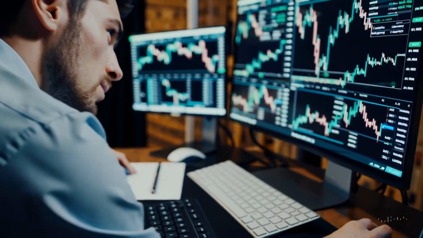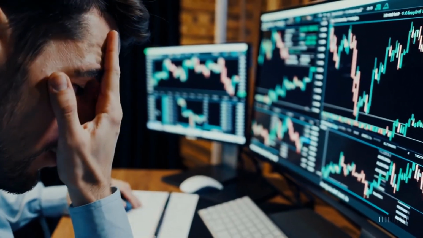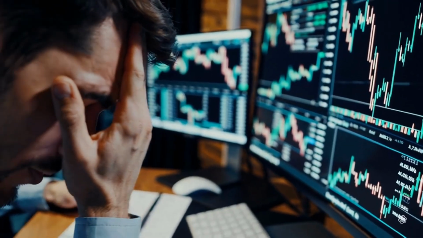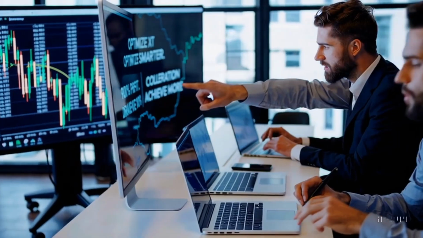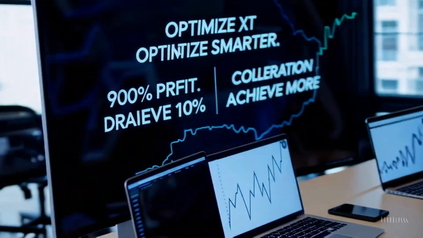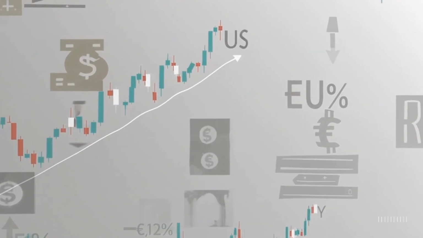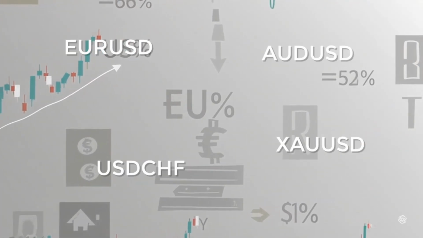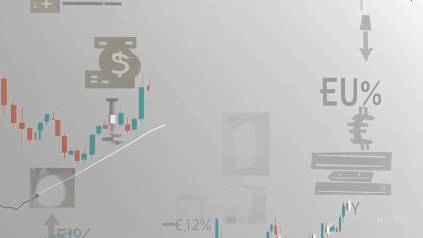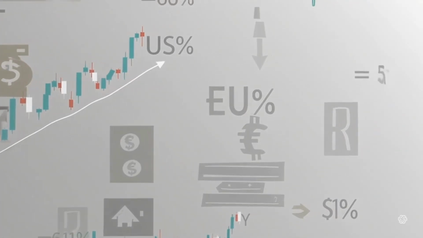Now, let's talk about one of the biggest challenges in trading: adapting to changing market conditions. That's why we've conducted extensive optimizations for this EA. Here's how it works. We tested the EA across multiple currency pairs and timeframes to identify the best performing settings.